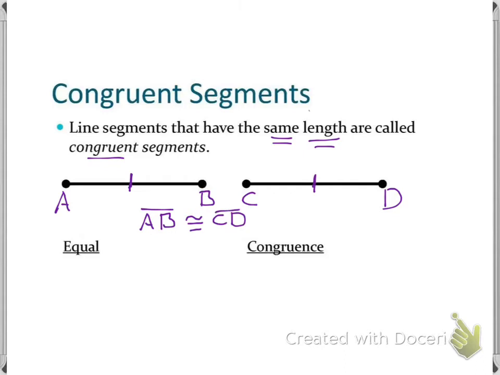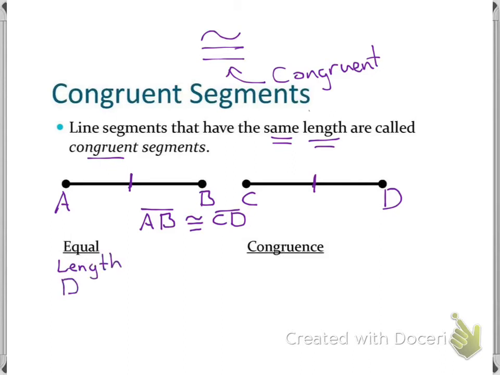So congruent, we get this new symbol, and this is one you're going to see a lot. You might as well get used to it. This means congruent. Not the same as an equal sign. Now let's think about it. Let's compare them. So if I said they were equal, that's talking about their length, their distance.